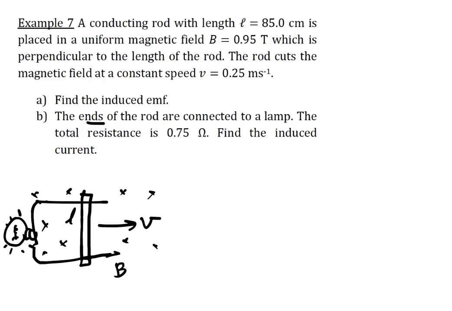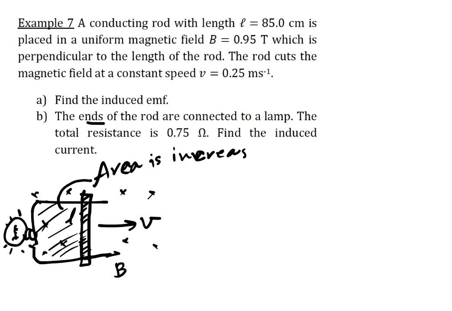So when this wire is moving, the area on this circuit is increasing. When the area is increasing, what happens? Presumably the magnetic flux is also increasing.